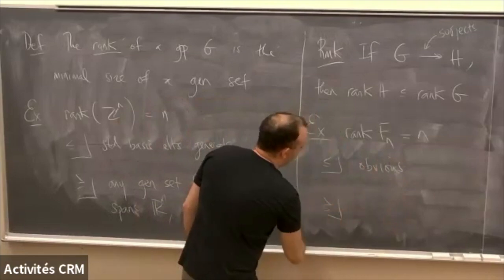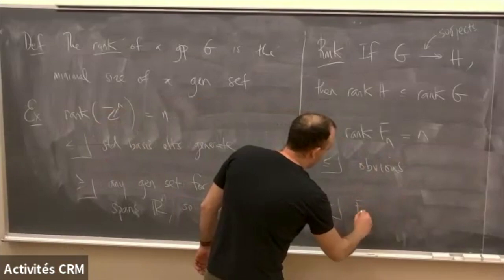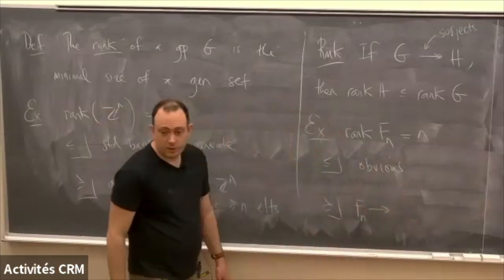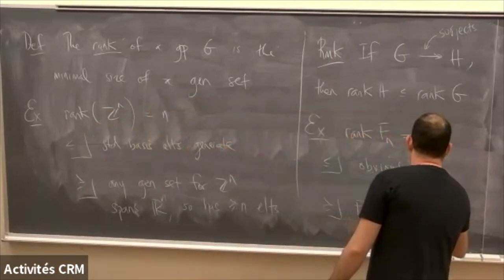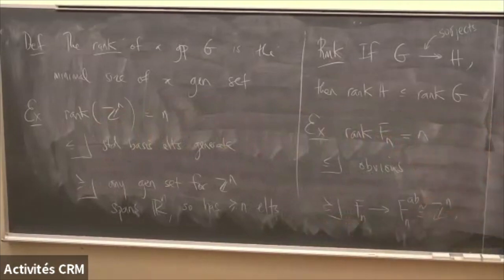For the lower bound, you note that the free group surjects onto its abelianization, which is Z^n, and we already computed that Z^n can't be generated by fewer than n elements. Interrupt me with questions, please.